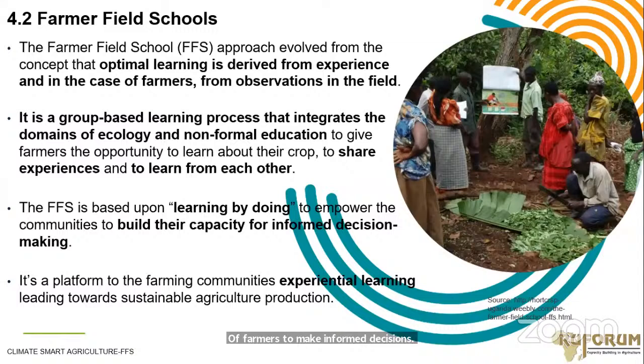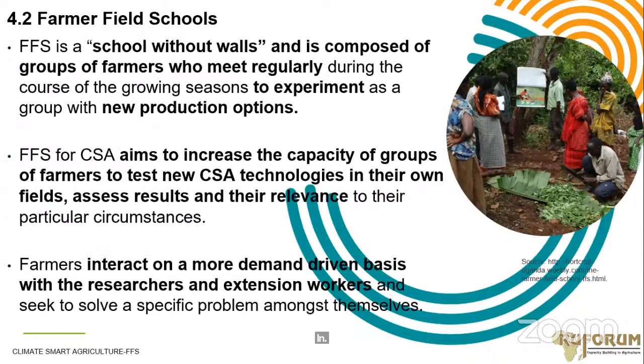It is a platform for farming communities for experiential learning in agriculture. So it's normally composed of groups of farmers who meet regularly during the course of the growing season. And they experiment as a group on various options at their disposal.